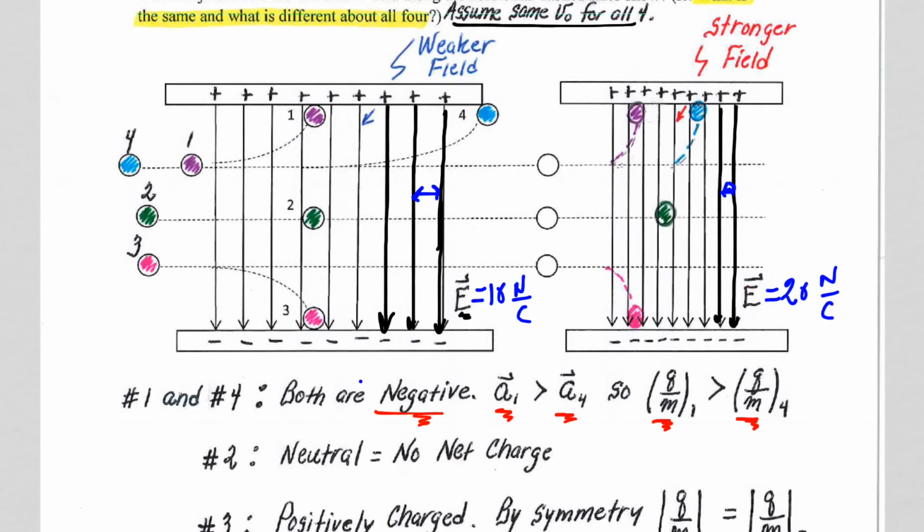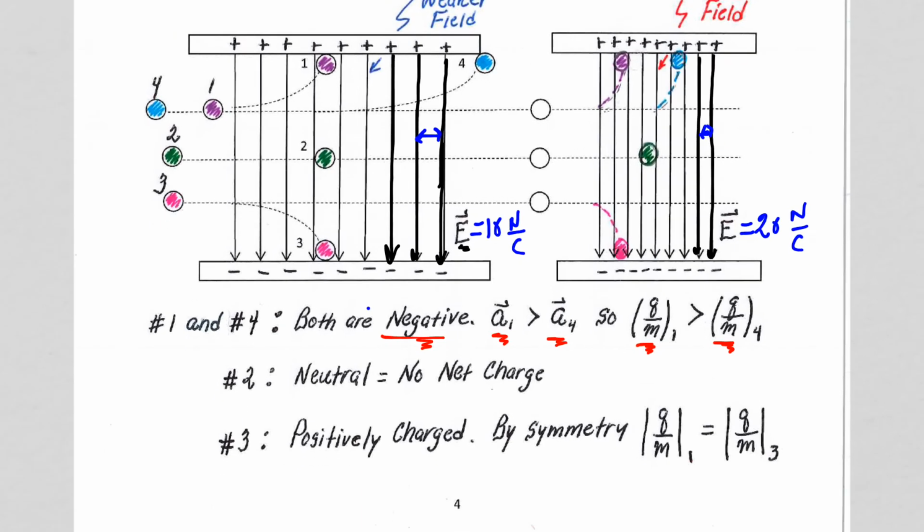A particle that goes through undeflected, whether it's a weak field or a strong field, means only one thing: no net charge. So 2 is neutral. The final thing we have here is that the pink particle was pulled in the direction of the electric field, so I know that it must have been positively charged.